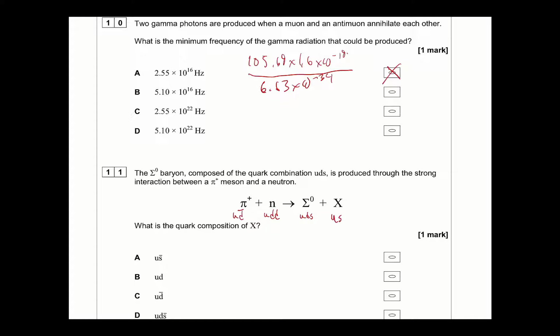So I mean this has to be up, anti-strange. So yeah, I'm thinking up, anti-strange for that one. But I am not super confident in it. Well, I am now that the mark scheme says I'm right.